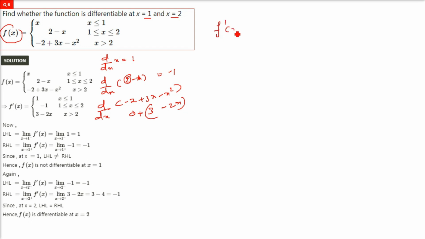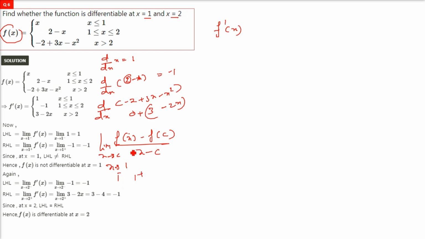Now this f dash x, we have to check the differentiability. So what we'll do, we'll change the function fx to f dash x. I just told you what the differentiation will be. So fx minus fc by x minus c, this is how we do it. But you don't have to worry about this because the functions are already given, we can just differentiate them.